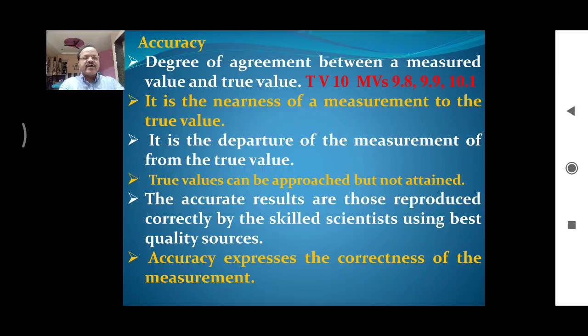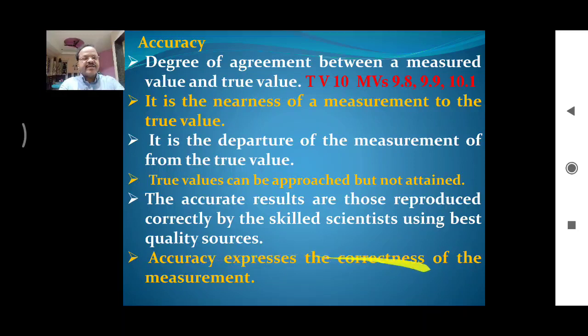The accurate results are those produced correctly by skilled scientists using best quality sources. So how are these accurate measurements generated? These readings are taken by skilled scientists using pure solutions, quality instruments and quality sources, so that we can get measured values near to the true values.